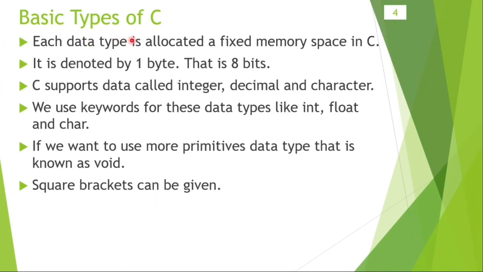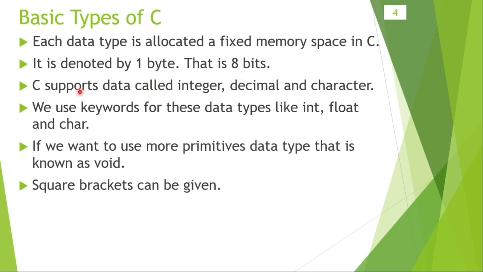Basic types of C: each data type is allocated a fixed memory space in C. This is a very specific thing, that whenever you use a C program, there is a fixed memory space. It is denoted in bytes. You know that in 1 byte we have 8 bits, right?